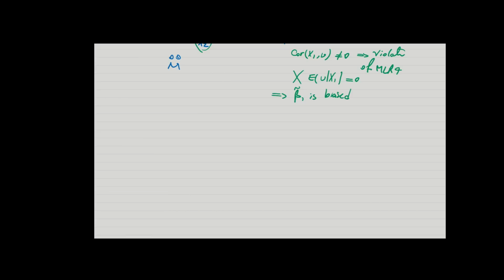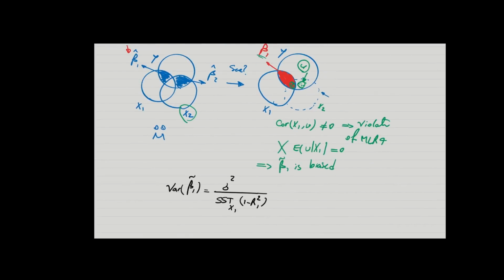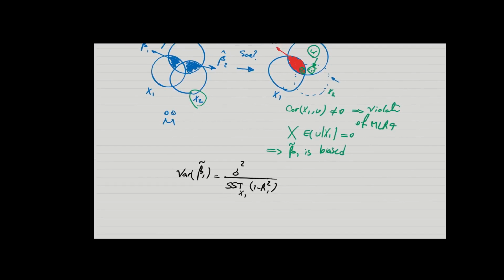So let me one more time write down the equation for variance of beta tilde. It's going to be sigma squared over SST x1 times 1 minus r squared 1. Okay, so here in this example, if I drop x2 from the model, this r squared 1 is going to be literally 0, because if I regress x1 on nothing, it doesn't make any sense, right?